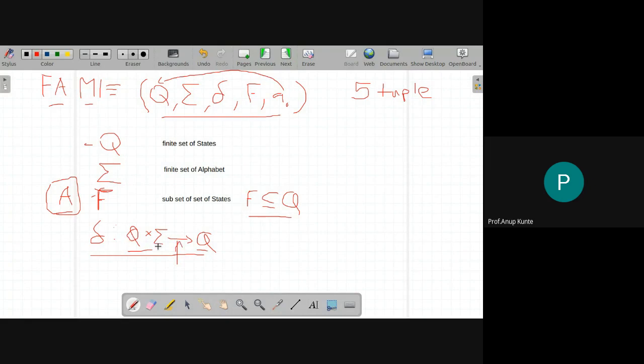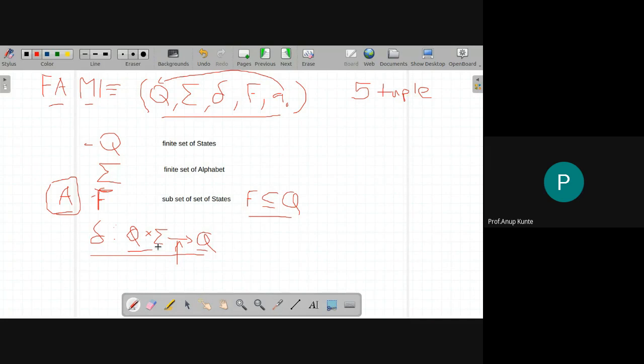Cross product indicates that I'm selecting a tuple, or a couple, I should say. I'm selecting one element from set Q, and one element from sigma, and creating a joint representation. And that I'm mapping to the set Q, every element in the set Q.